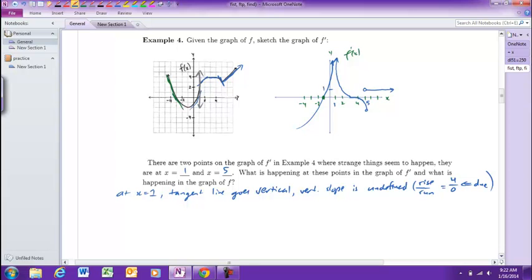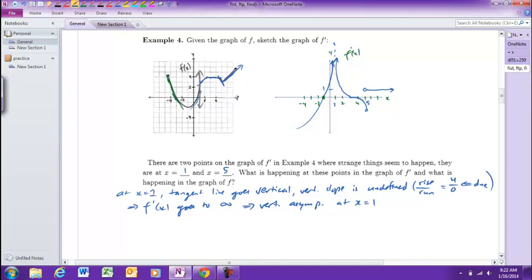And since we've got positive slopes on either side, the way that shows up is positive slopes on either side here, both of them going to infinity. So this implies that f prime of x goes to infinity, which means that in the f prime graph, we've got a vertical asymptote at x equals 1.